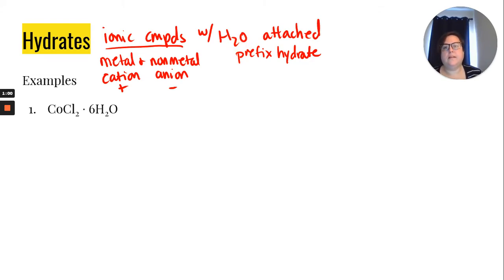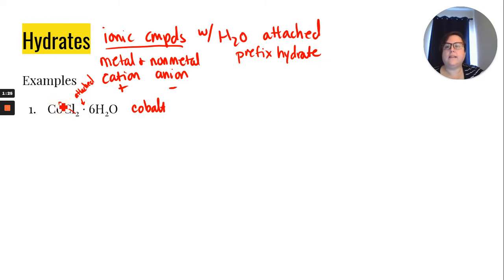CoCl2 dot 6 waters. That dot there does not mean to multiply, it simply means that waters are attached. So Co is cobalt. Now cobalt happens to be a transition metal because it's in groups 3 through 12. So we're going to uncross our charges to figure out the charge that's on the cobalt.